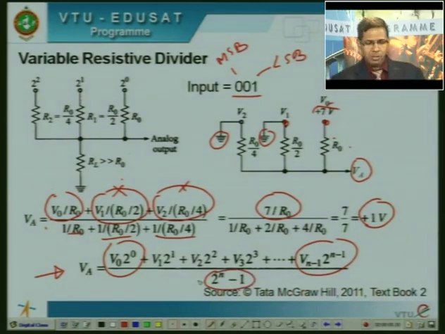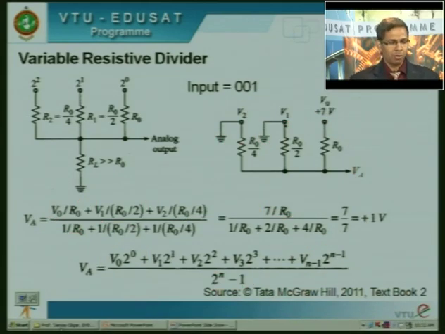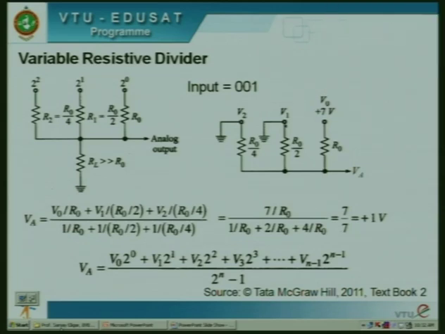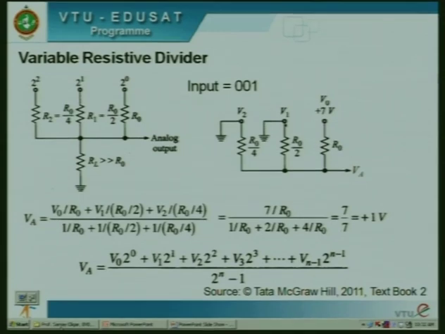So, let us use this particular equation and try to solve one or two numericals so that we understand what exactly the conversion from digital to analog is. The problem that we are going to take is the case of a 5-bit resistor divider network.